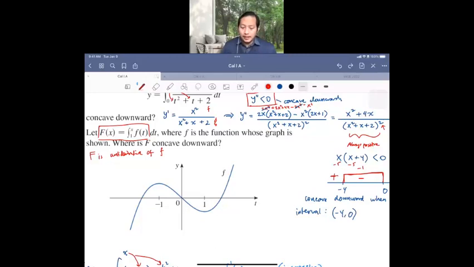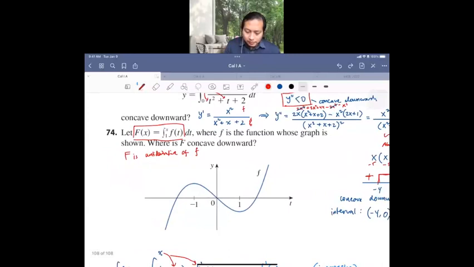So again, the question is still the same, asking concave downward, which means we need to take the derivative. But we need to focus on the capital F. So take the capital F prime. That's the first derivative. This will be equal to f of x, using the fundamental theorem of calculus.